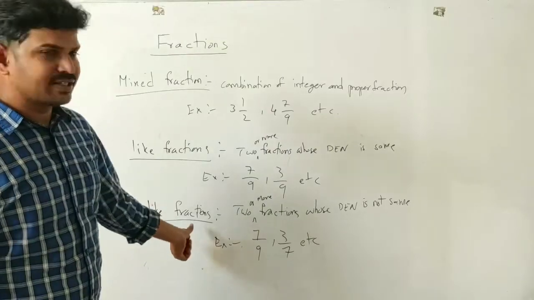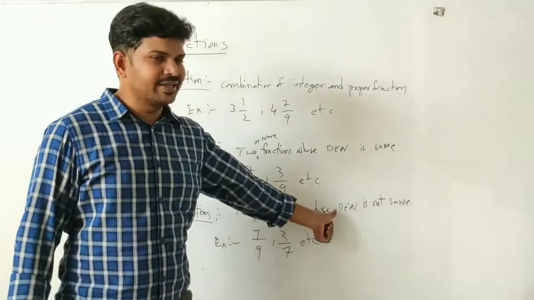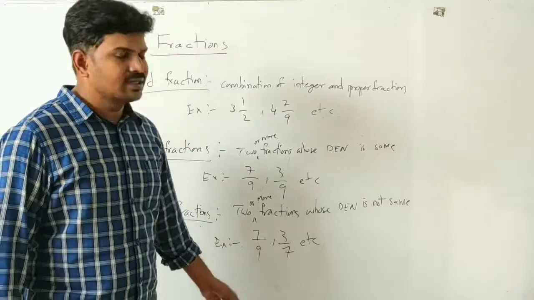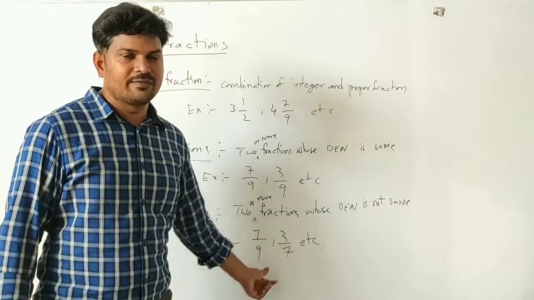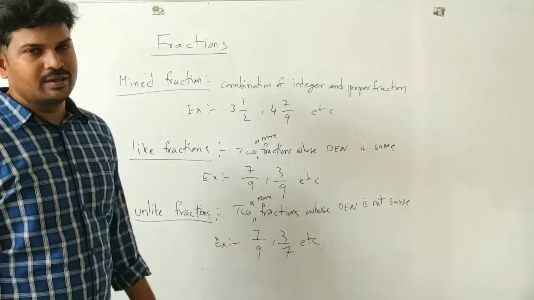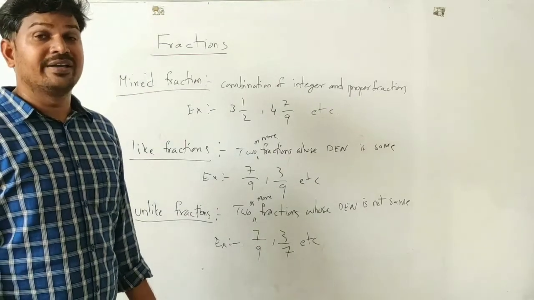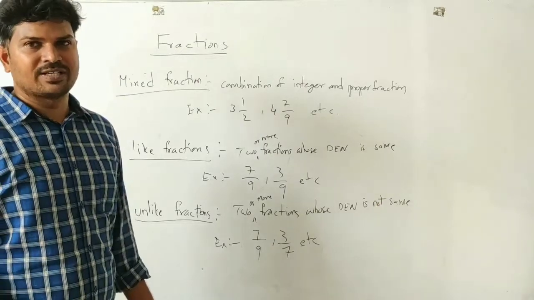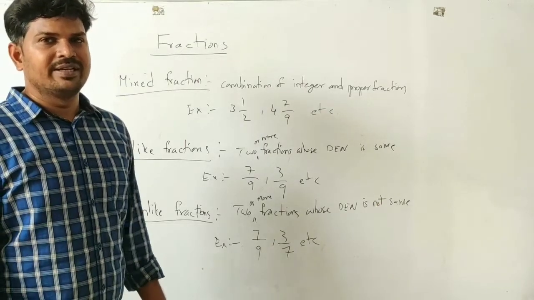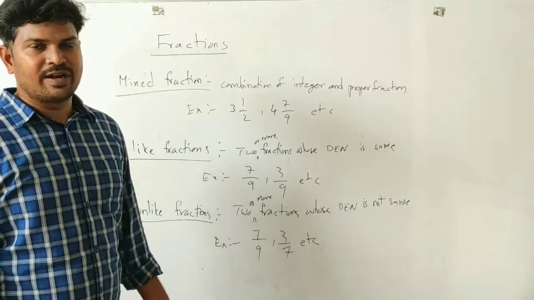Similarly, unlike fractions are 2 or more fractions whose denominators are not the same. Here 7/9, 3/7, 9 and 7 are different. If you observe carefully, we bother more about the denominator than the numerator in fractions. If denominators are the same, then it is easy for us to do calculations with fractions.